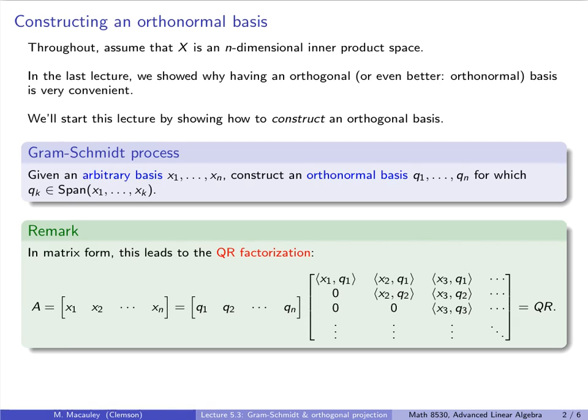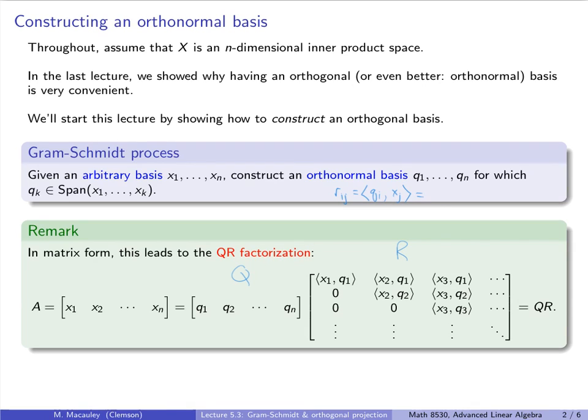And this says that we can write A as a product of a matrix Q times a matrix R. And Q has orthonormal columns, namely the output basis q1 up to qn, and the entries in R, so Rij is the inner product of qi with xj.